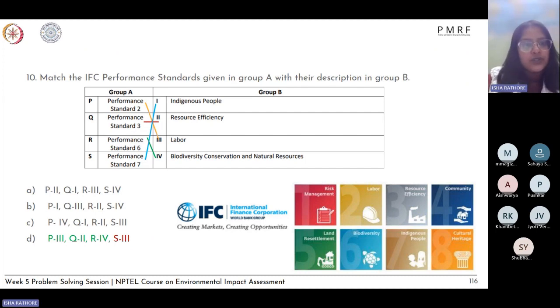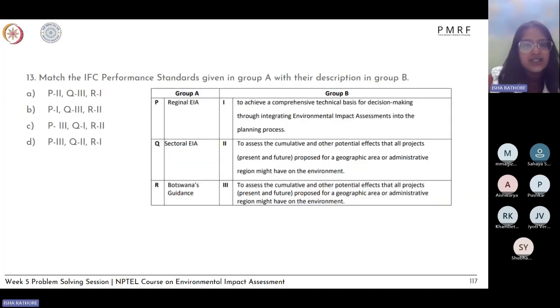Okay, moving on to the next question. So match the IFC... Okay, I think I've not changed the question subtext, but match Group A with Group B. So in Group A, we have different terminologies relating to transport related AIA, and in Group B, we have the definitions.